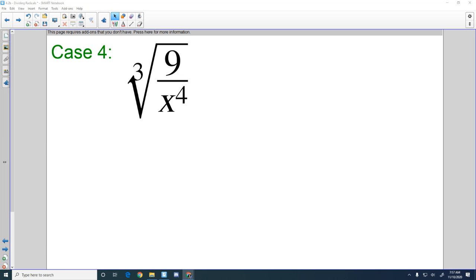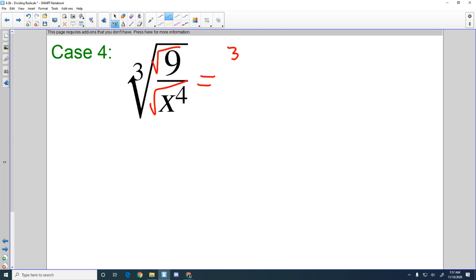Whenever you're taking any type of root of a fraction, you're able to rewrite it as taking the root of the numerator and then the root of the denominator separately. So I'm going to take the root of each of those instead of the root of the whole thing. It's the same thing.